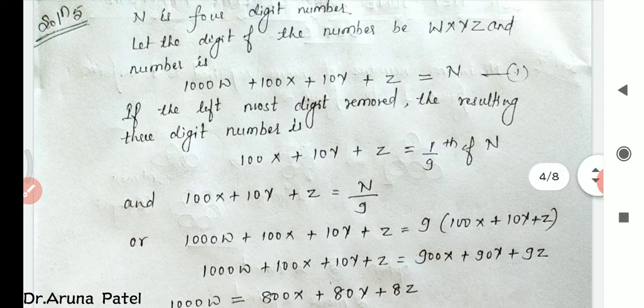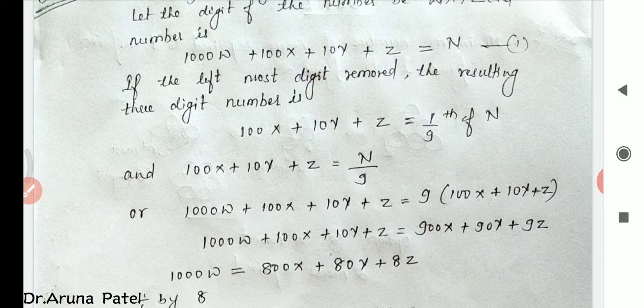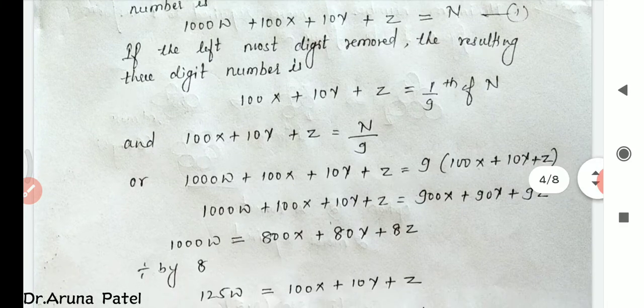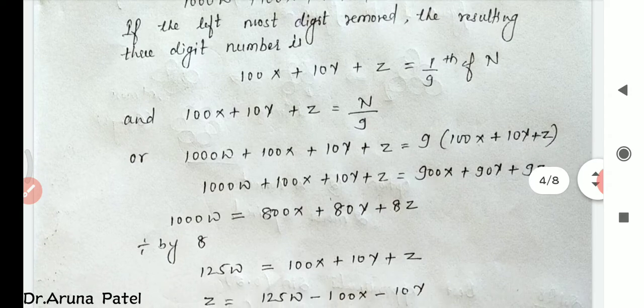So 100x plus 10y plus z equals n by 9, or 1000w plus 100x plus 10y plus z equals 9 times this 3-digit number. On simplifying, we get 1000w equals 800x plus 80y plus 8z.